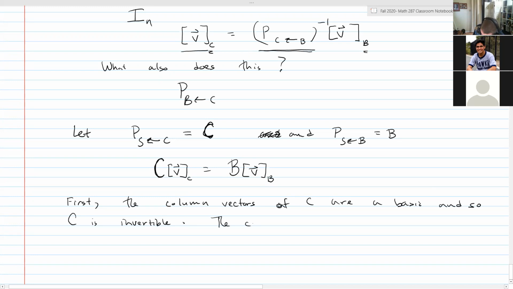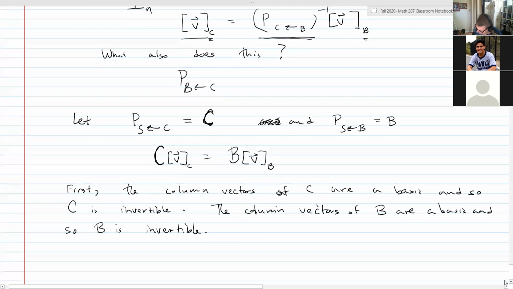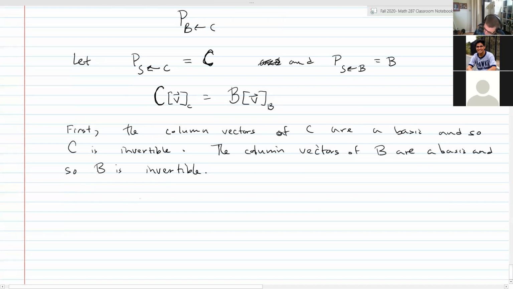And the column vectors of B are a basis, and so B is invertible. We've stated that before, but it's a good reminder. So we'll take C and left multiply by C inverse: C inverse times VC equals C inverse B, VB.